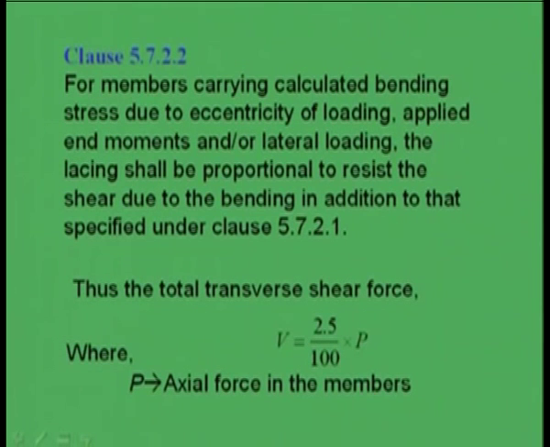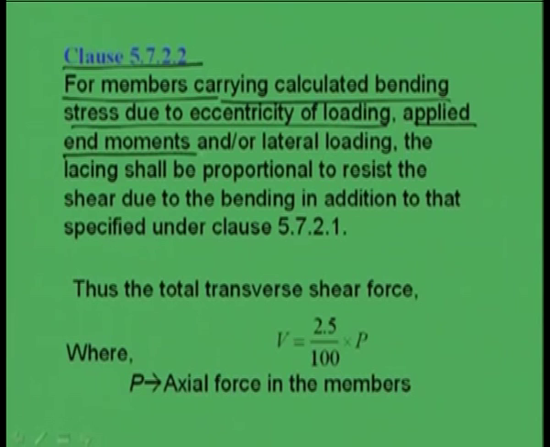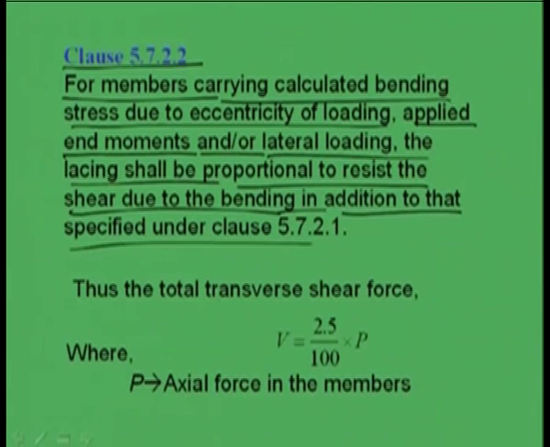In clause 5.7.2.2 it is told that for members carrying calculated bending stress due to eccentricity of loading, applied end moments and or lateral loading, the lacing shall be proportioned to resist the shear due to the bending in addition to that specified under clause 5.7.2.1.